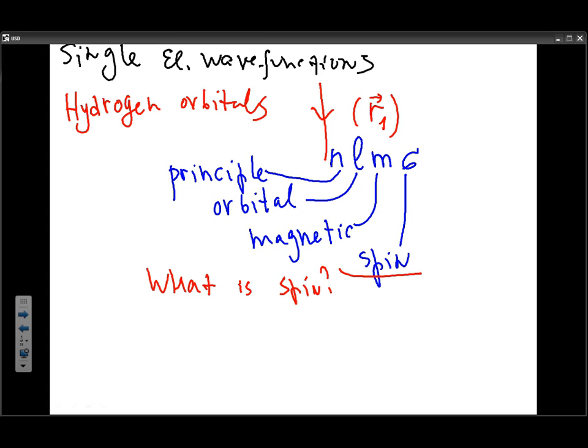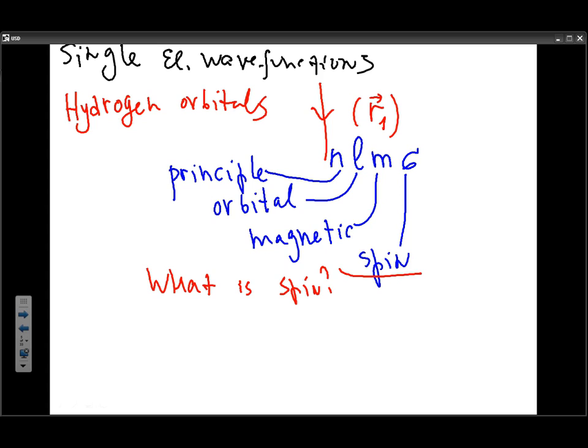So it is some property, some observable, generically related to rotation and to angular momentum, that can take only 2 values, corresponding to rotating in one direction or another direction. We cannot say that it is rotation, but it is related.